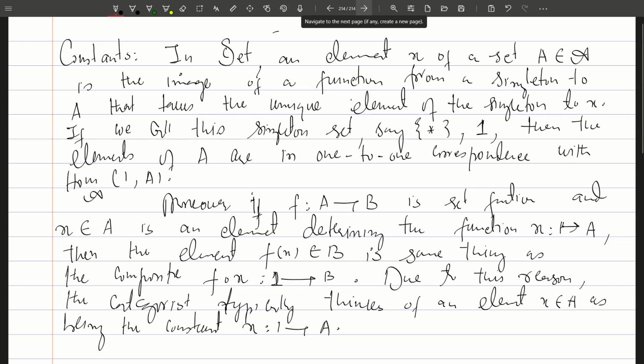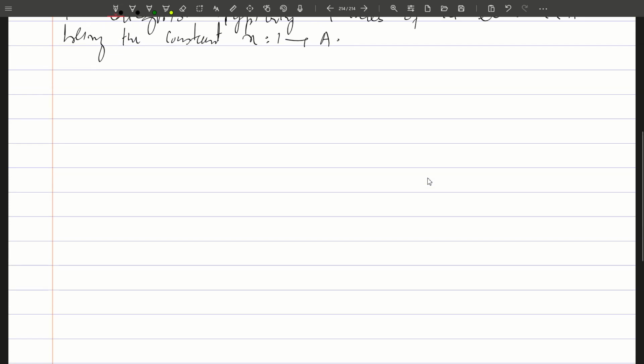On the other hand, let us first write this down. So we have a definition.